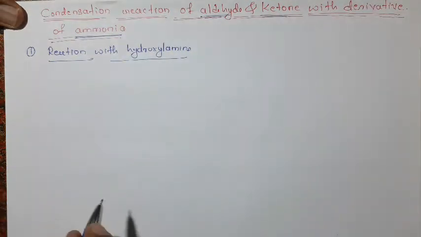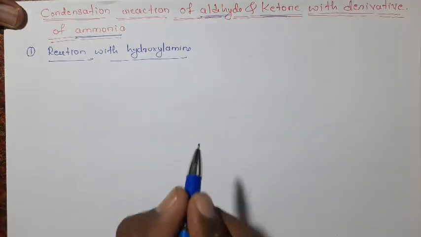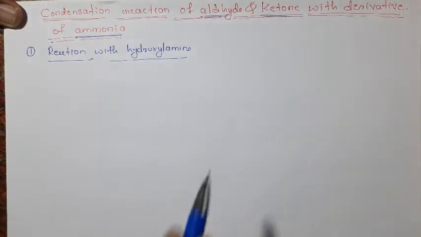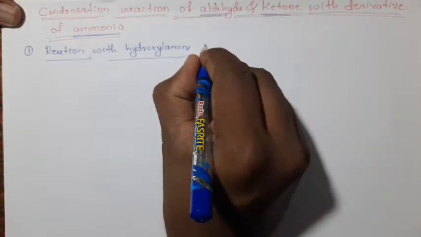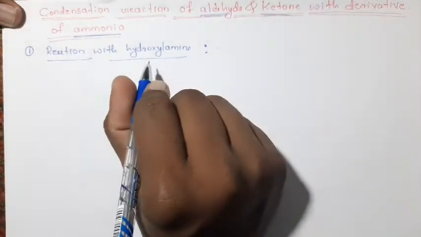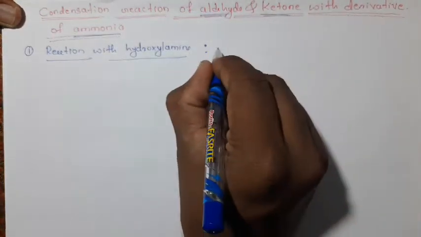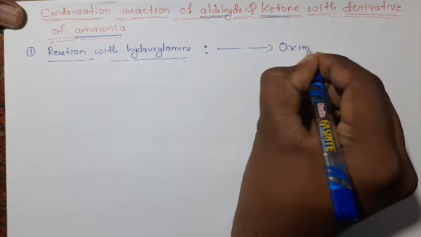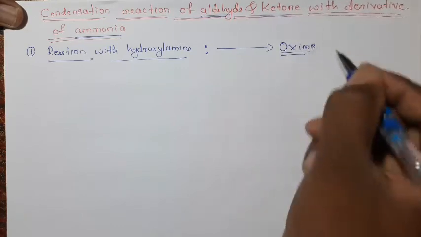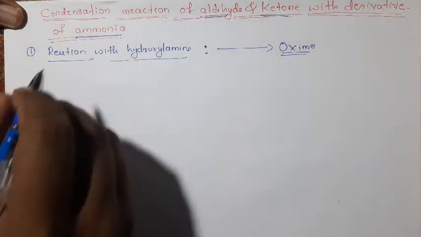In this reaction, aldehyde or ketone is reacted with hydroxylamine in the presence of weak acid. It gives oxime. When you react aldehyde and ketone with hydroxylamine, this reaction gives oxime as a product. This is the condensation reaction.